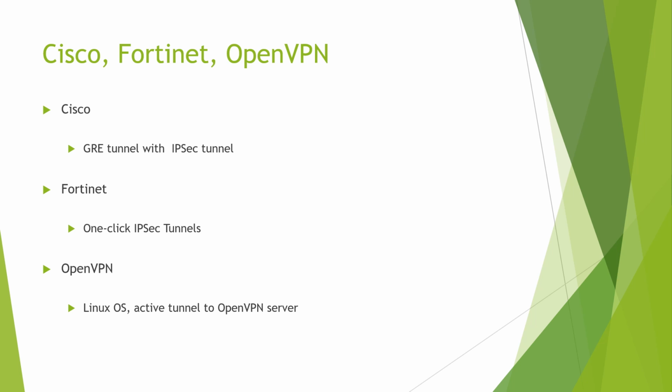Fortinet offers a one-click IPsec tunnel feature between its own FortiGates, as well as templates for connecting with other brands such as Cisco. With OpenVPN, one of the servers in the subsidiary office has an OpenVPN client program installed on a Linux operating system, which has an OpenVPN tunnel connection to the OpenVPN access server at the headquarters.